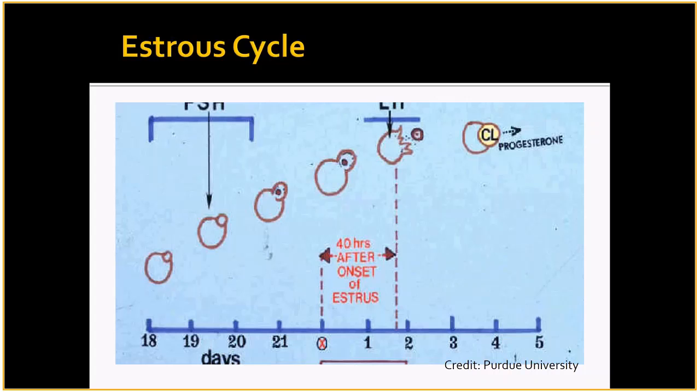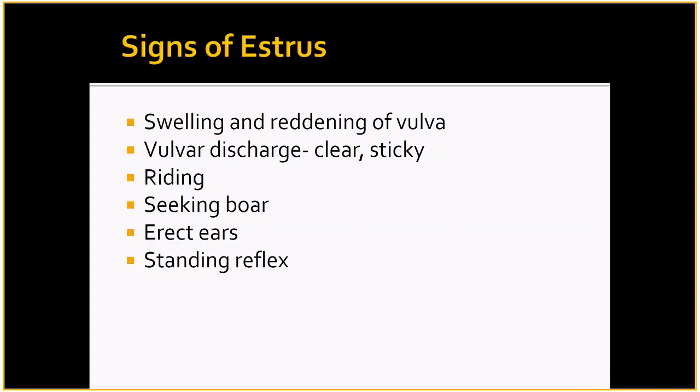So we're going to talk about signs of a heat. These are the overt signs of estrus. Swelling and reddening of the vulva. Vulvar discharge that is clear and sticky. Some people call it a thumb test, where you take some of that discharge in your fingers to see if it's sticky between your 2 fingers. Riding other animals, if she's in a pen with other females or other pigs.